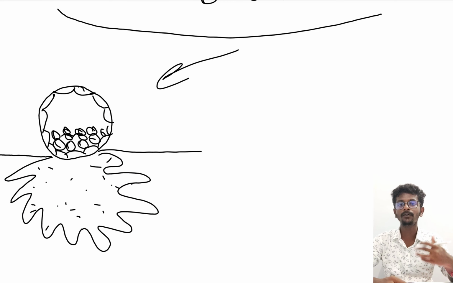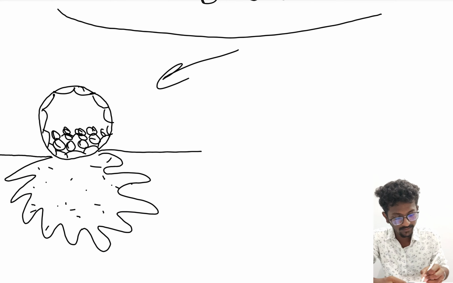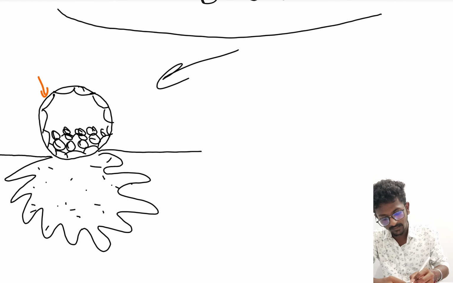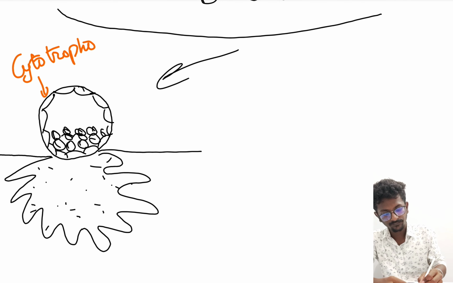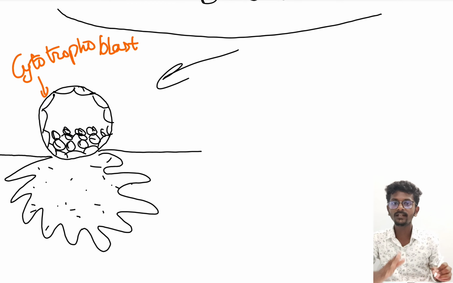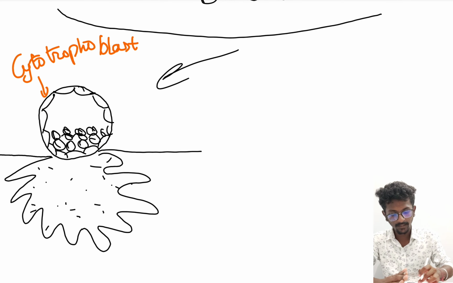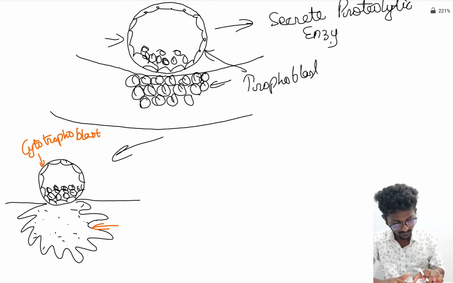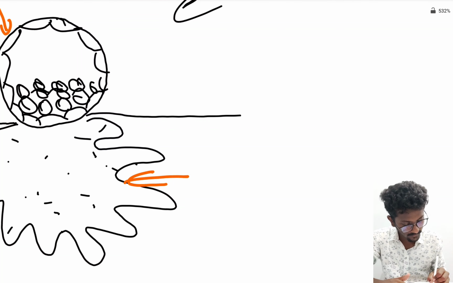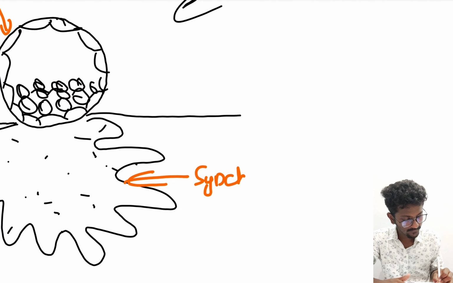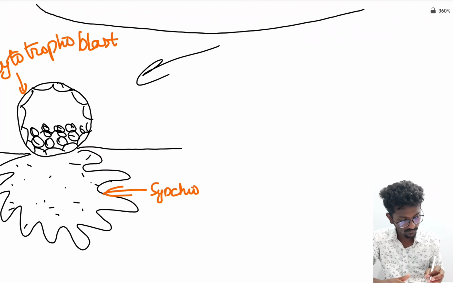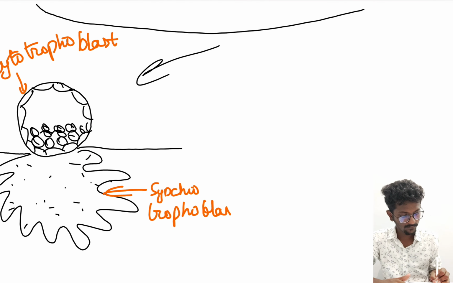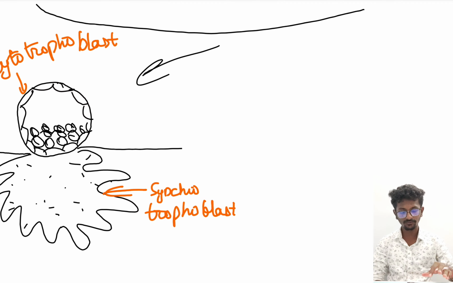Depending upon the cell membrane, we have divided them: both are trophoblast, but these are the cytotrophoblast, and this layer is the syncytiotrophoblast. I hope this is very clear to you guys.